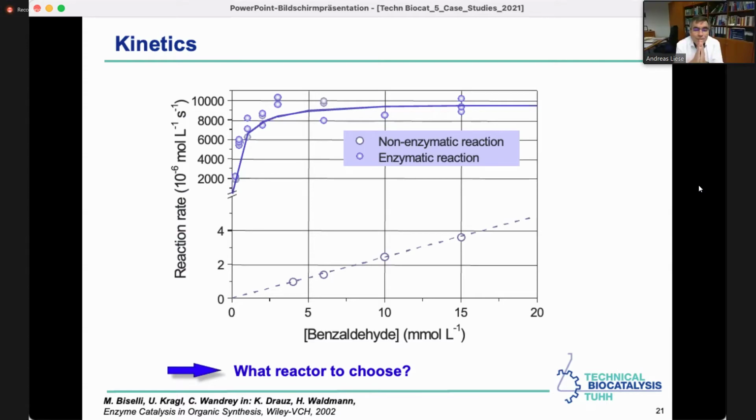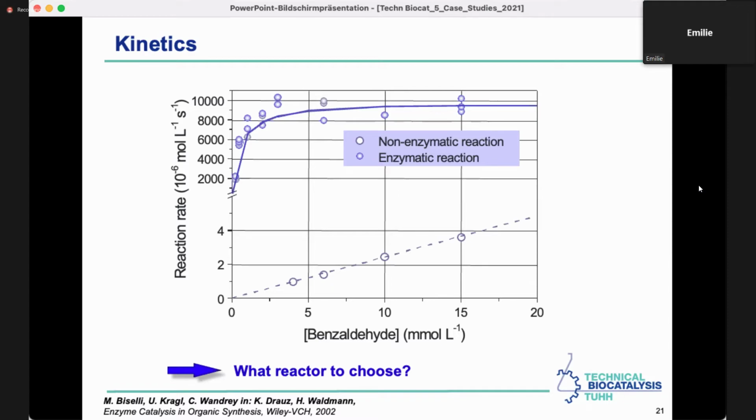Yeah, so my question is, what do you learn out of this kinetic analysis for the selection of the proper reactor, for the selection of reaction conditions to differentiate between enzyme and non-enzyme catalyzed reactions, so between selective and non-selective reaction. So what is your learning point out of the results I have presented to you as technician? You're sitting at the desk and you have to decide the next steps.